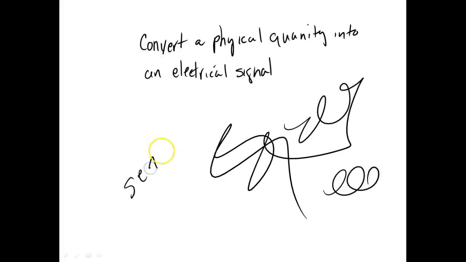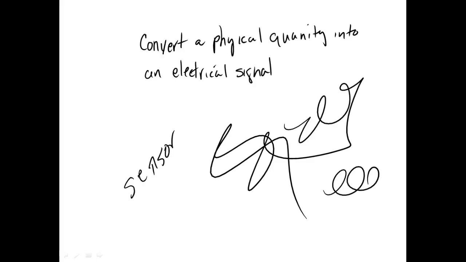And what does a sensor do? It's converting a physical quantity into an electrical quantity. And once it's in an electrical quantity, it can be processed. We can do something to it, because we have all these different types of stuff that we can control electrically.